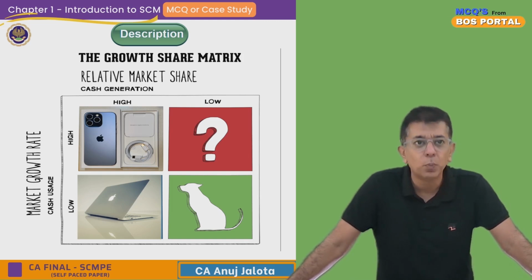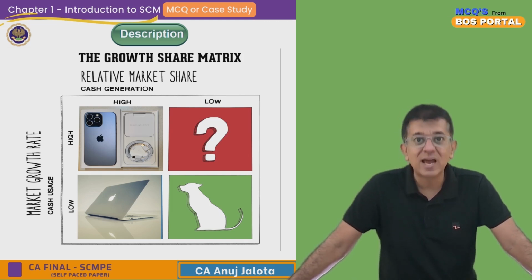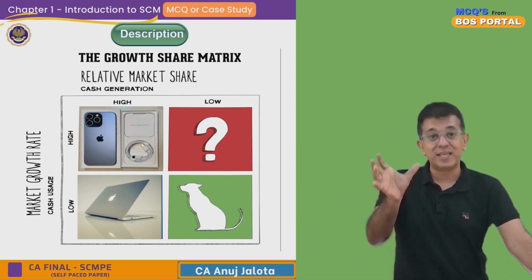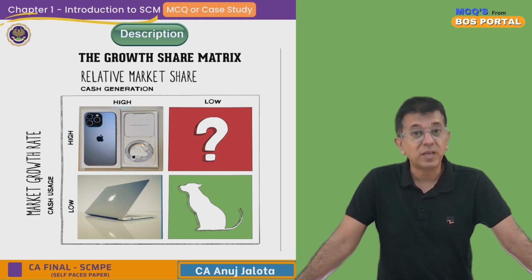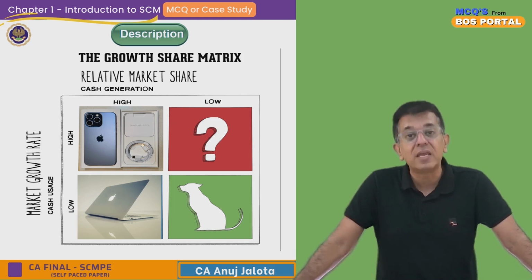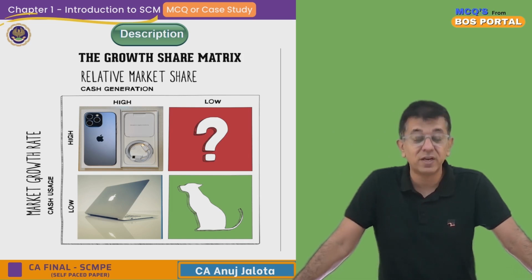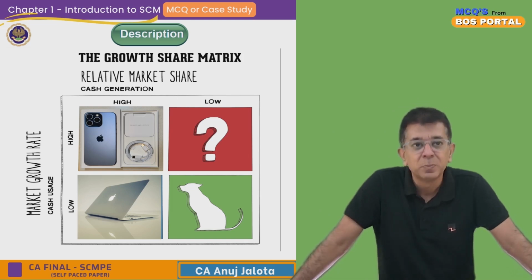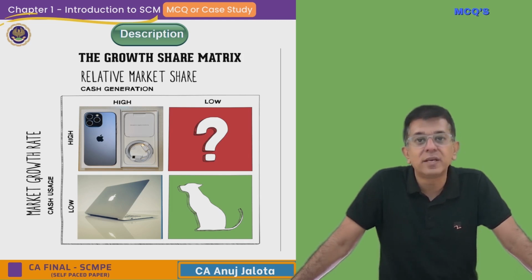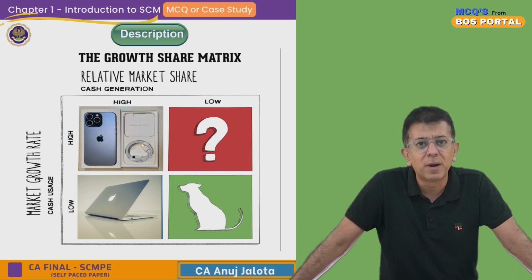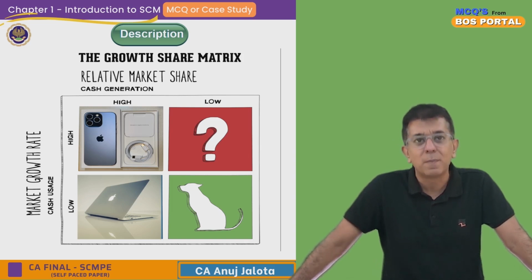It is quite low. But MacBooks have a relatively high market share in the premium segment. In premium laptops it has a very high market share. In the same way, the iPad also has a very high market share when it comes to premium tablets. But the growth rate of all these things is falling. Demand for all these things is not much.